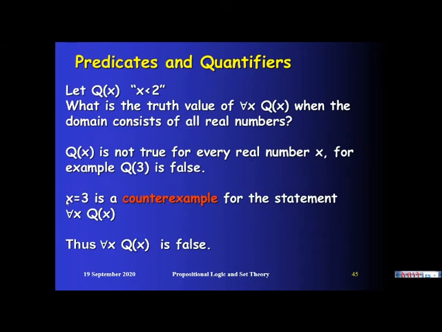Now let us see an example. As I said before, look at this: x less than 2. This is an open statement because it may be true or false. What does for all x, q of x mean? First, you have to identify your domain. Our domain is the set of real numbers, so you read it as all real numbers satisfy q of x.